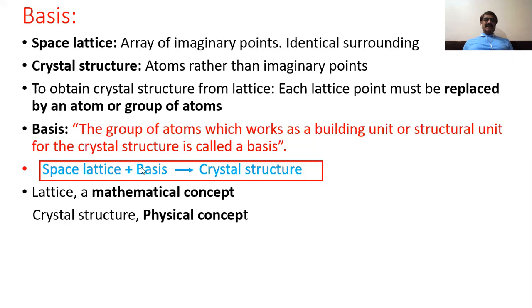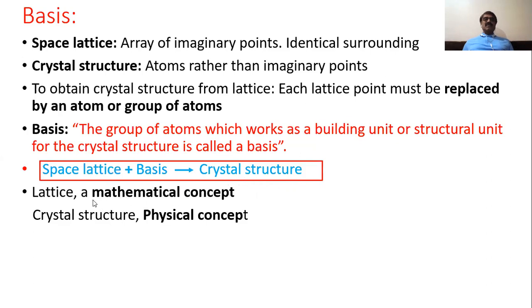It tells us that when a basis is added to a space lattice, which is totally an imaginary, mathematical concept, an array of imaginary points, and a group of atoms is placed at every point, we obtain a crystal structure. And crystal structure physically exists. So in short, space lattice added with basis gives rise to a crystal structure.